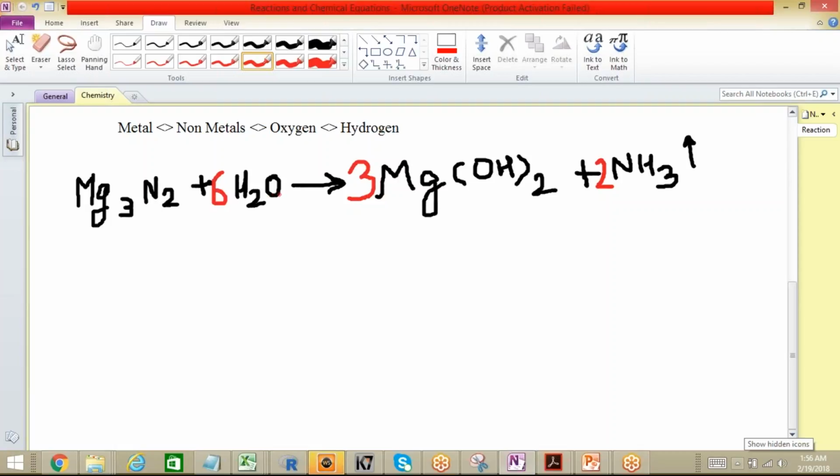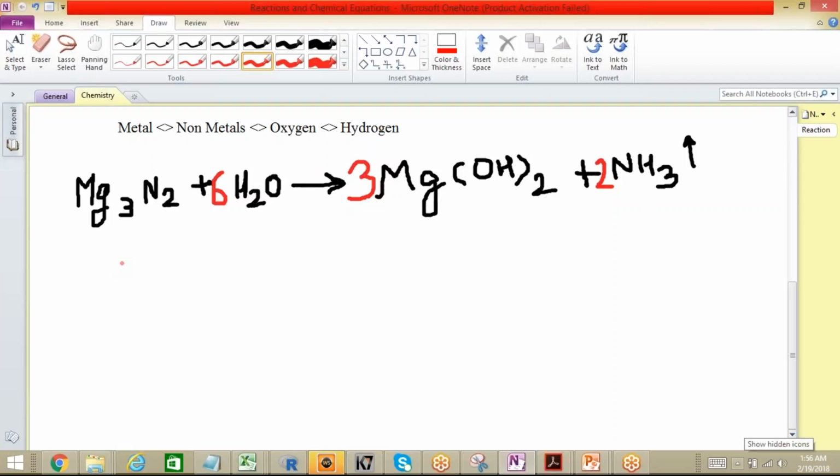Fine. And at last, we have to manage the hydrogen atoms. Hydrogen atoms is again 2 multiplied by 3, that is 6, and here also 2 multiplied by 3, that is 6. So 6 plus 6, that is 12, and here also we have 12 hydrogen atoms.